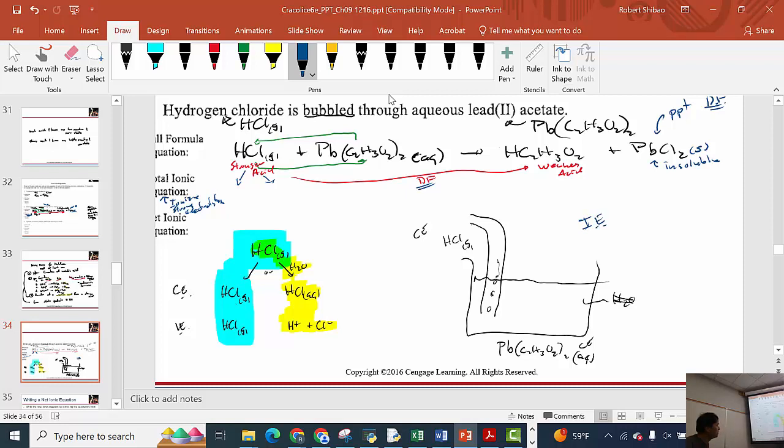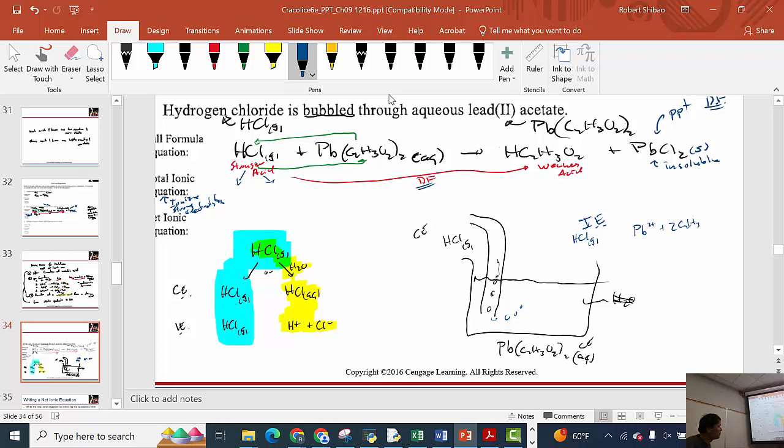And so what are the major species for hydrogen chloride gas? Those would be hydrogen chloride molecules. And so we have these HCl molecules in these gas bubbles here. But for lead(II) acetate, we know that acetates are all soluble salts. And since it's a strong electrolyte, it breaks up into ions.